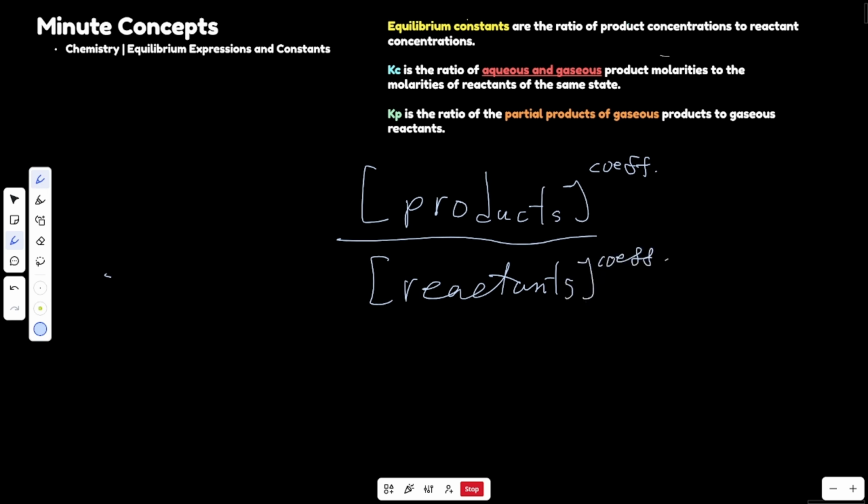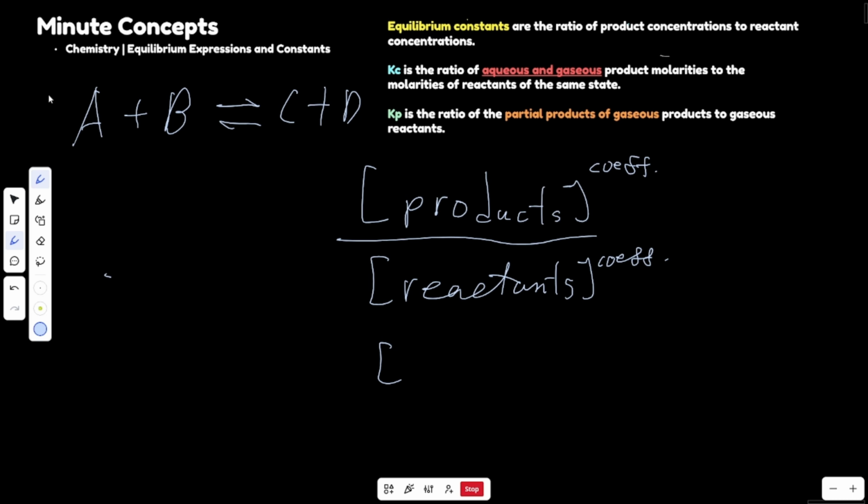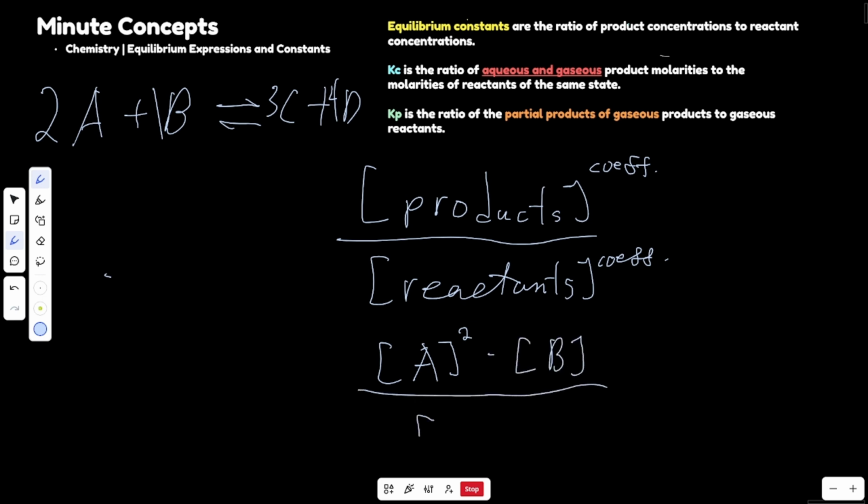So let's say we have again A plus B is reversible to C and D. Let's give them coefficients: 2, 1, 3, and 4. On the top, it would be A to the power of 2 multiplied by B to the power of 1, or just B, over C to the power of 3 and D to the power of 4.